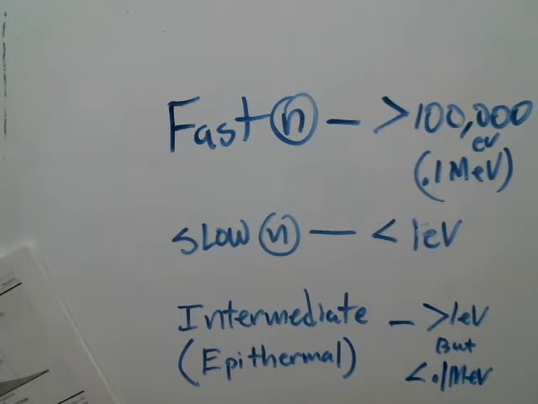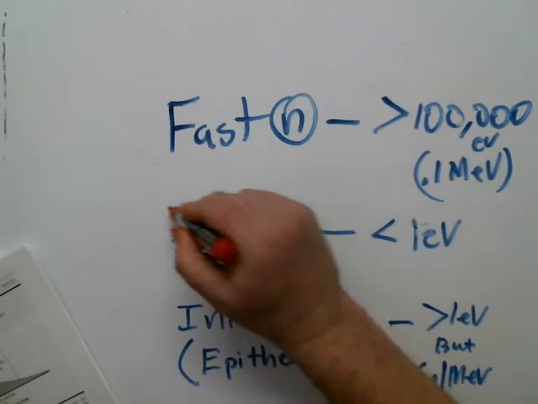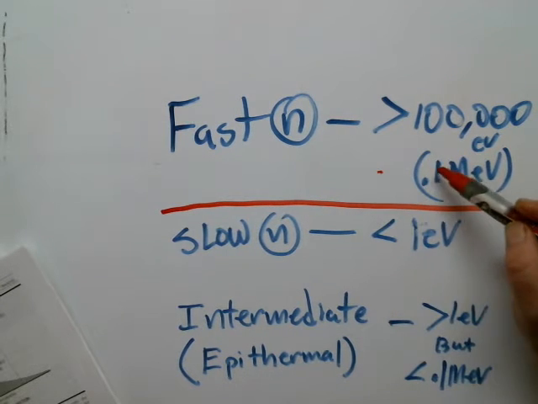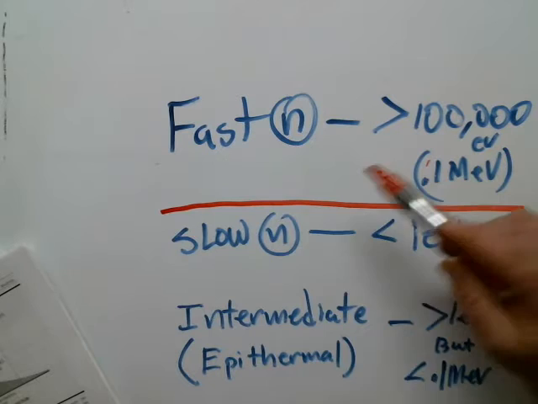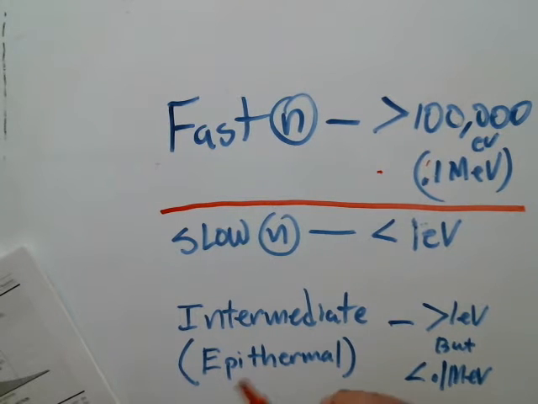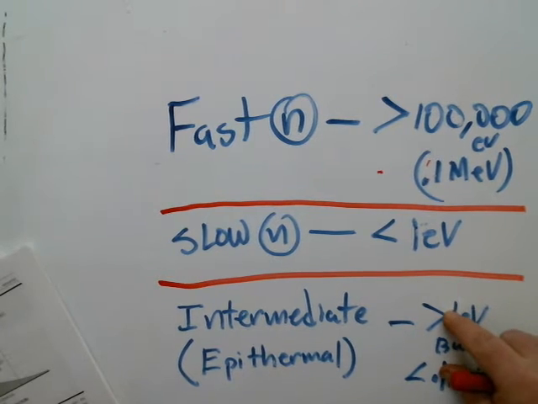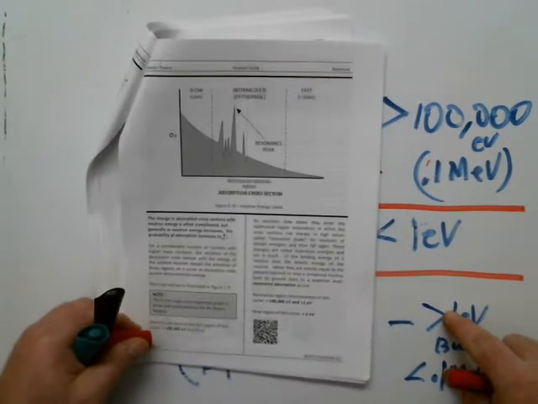Those are the three energy levels that you need to know forever and always. You have a neutron in your presence that's greater than 0.1 million electron volts, it's a fast neutron. That is the definition of fast. The definition of a slow, less than 1 electron volt. The definition of an intermediate or epithermal is the region right in between the two on this graph.